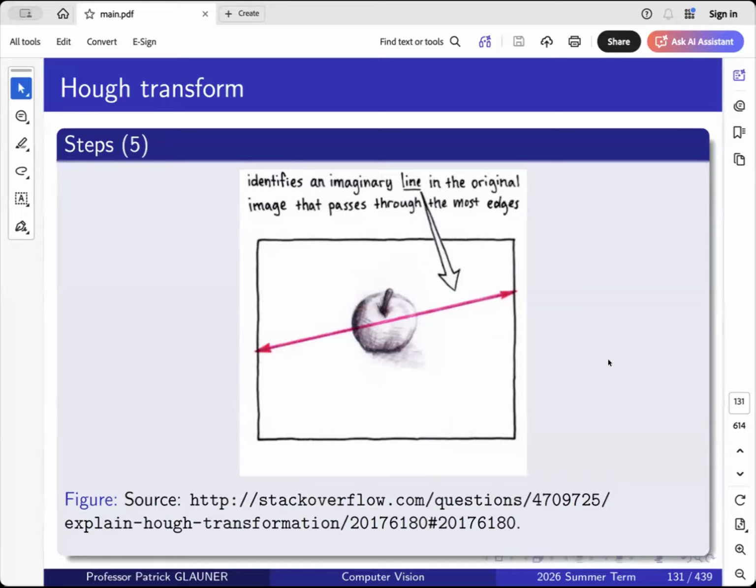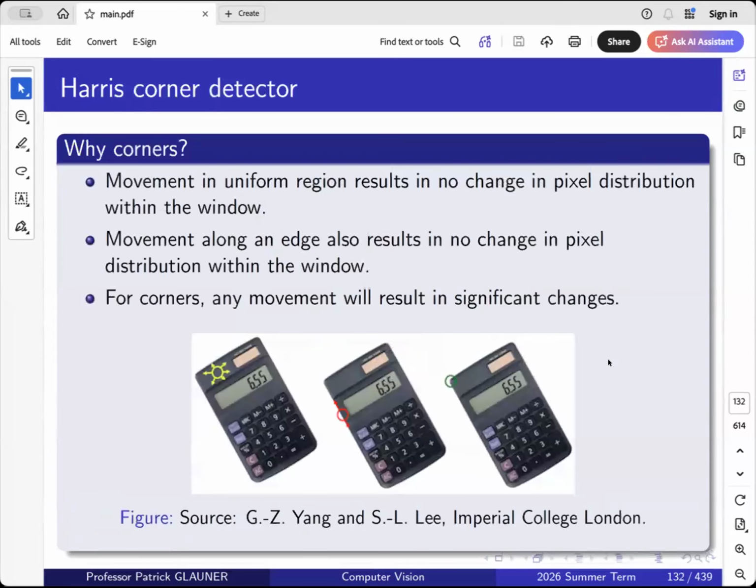You don't need to build it from scratch. However, if you feel your project would be the Hough transform itself, then obviously your project would not be just calling an API and you would be done. It would be considerably more work. But if you use it as part of a bigger pipeline, just use a library.